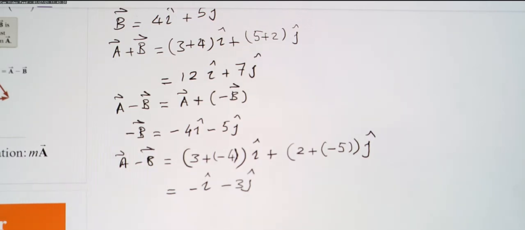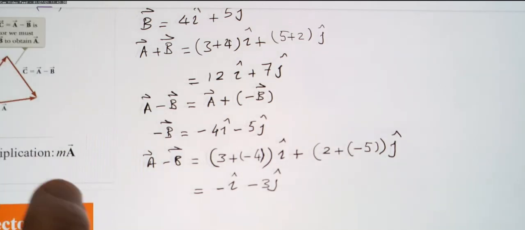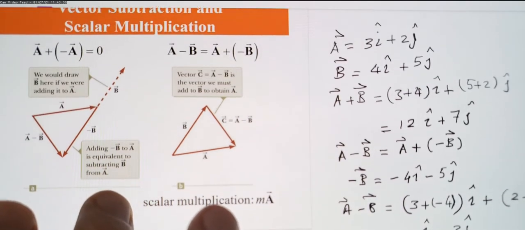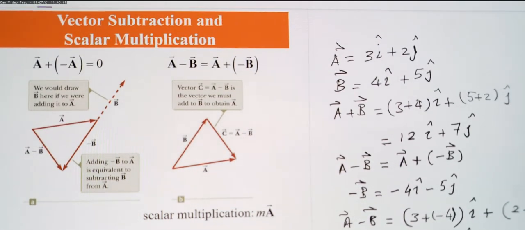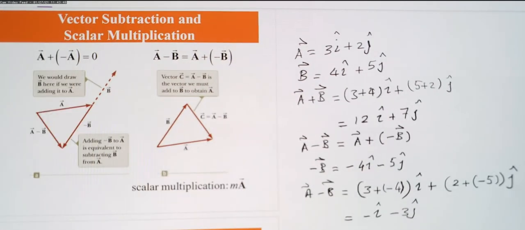Very fast, very clever. So subtracting a vector is nothing but adding the negative of the second vector. It's 3 minus 4, so that's minus 1. No, you have to write it as minus i minus 3j.